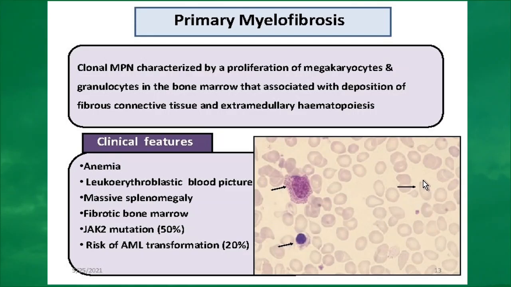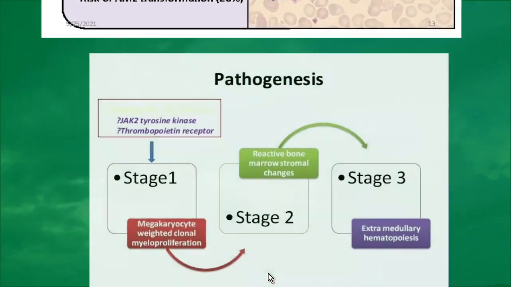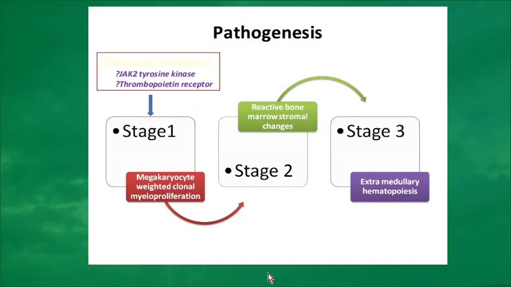And this one is a teardrop cell. Teardrop kind of RBC is formed when red blood cells try to get out of the marrow through the fibrous spaces. Here JAK2 mutation may be present, and many cases of primary myelofibrosis can end up as AML.